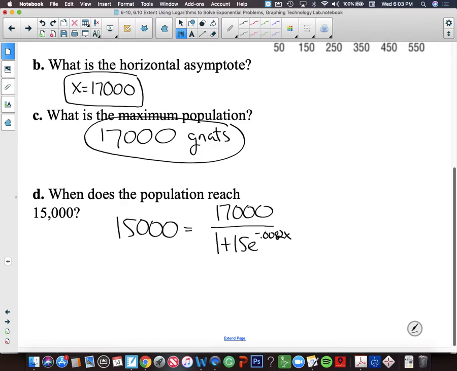The first step, maybe the first two steps, is the one that jump starts the rest of it. We need to get this stuff out of the bottom to solve this equation. But we're looking for a time, and that should be a t rather than x. It doesn't matter that much, but I'll just change it back. So we're looking to get that stuff out of the bottom. In order to do that, you have to multiply both sides by it.